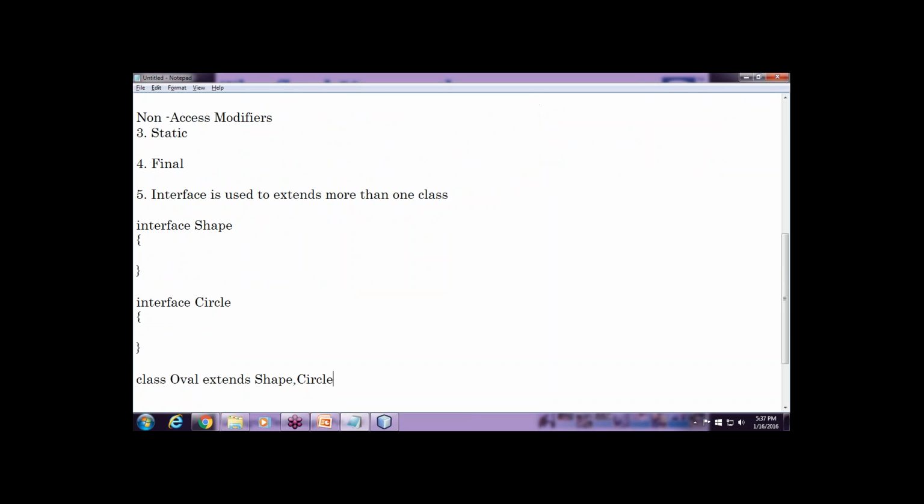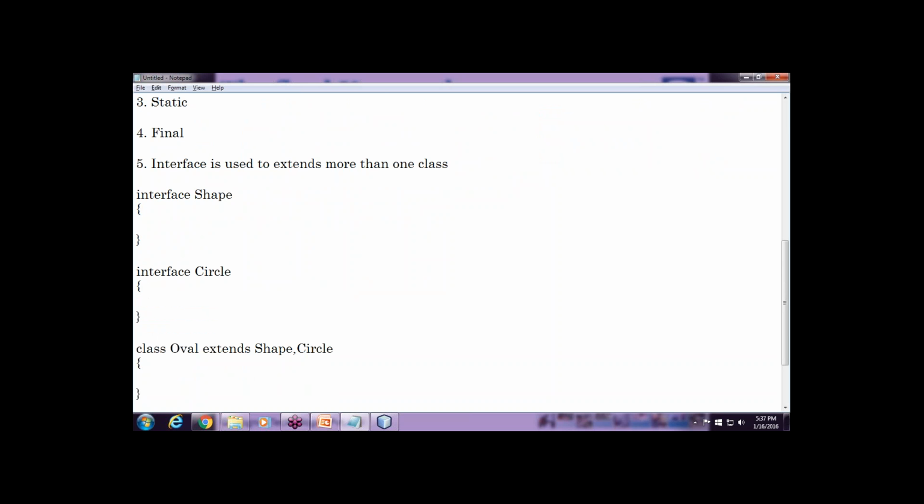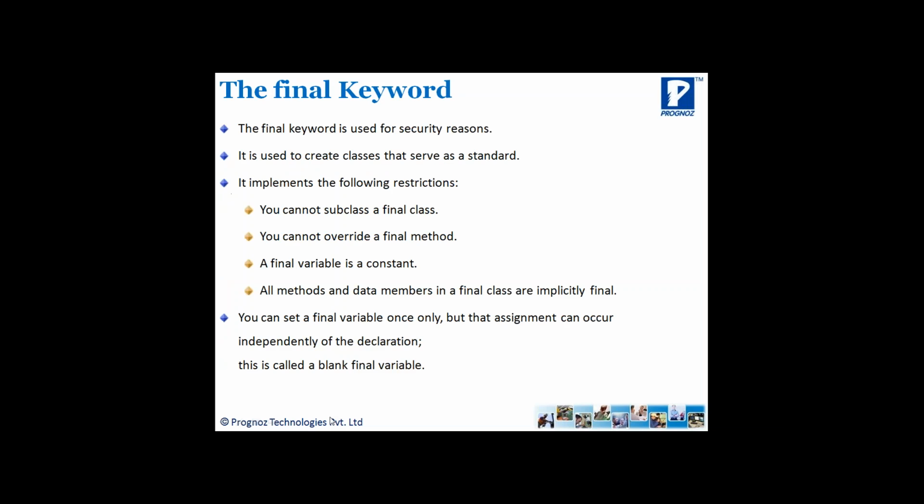So basically extend keyword is used to extend a class only. For interface, instead of extends we are using implements. This is what the case. So now multiple inheritance becomes possible. One child, two parent becomes possible. This is what the case of multiple inheritance.